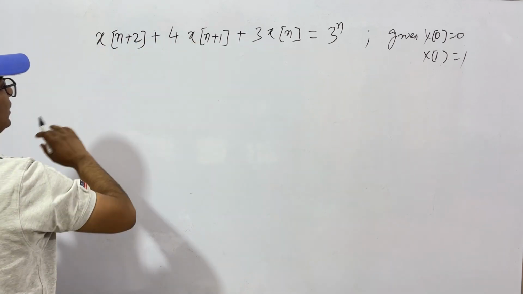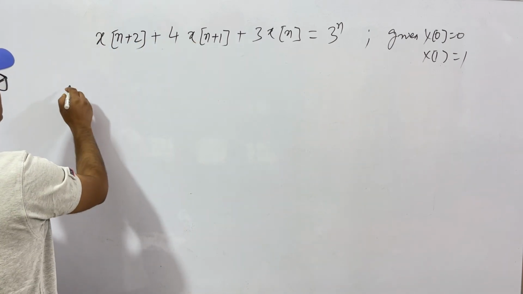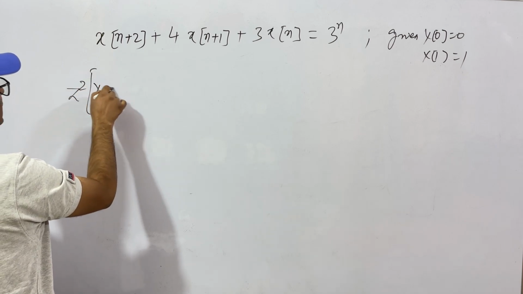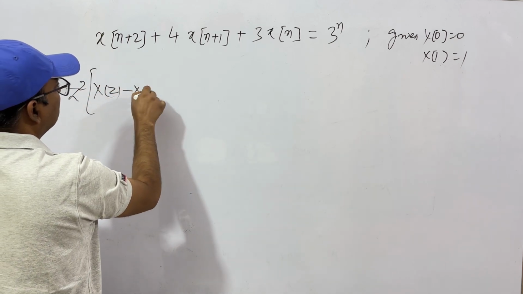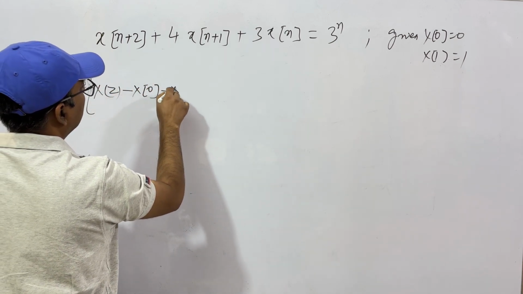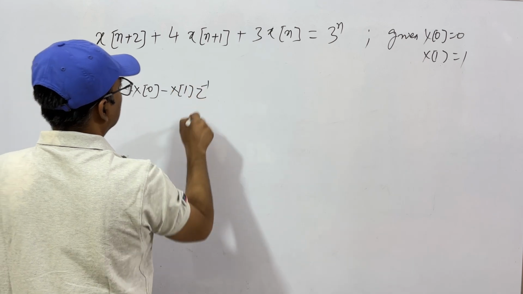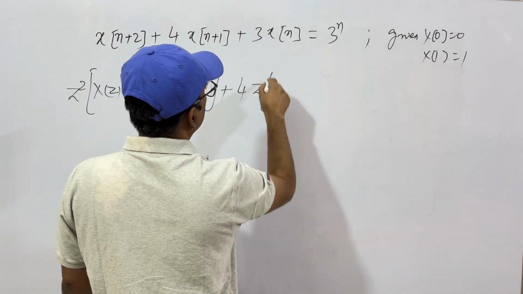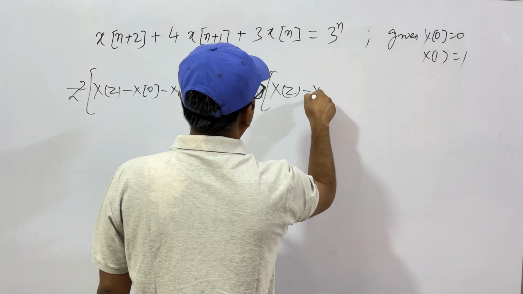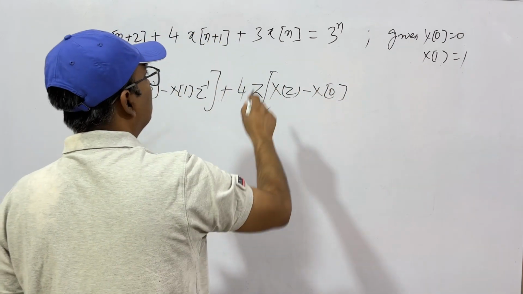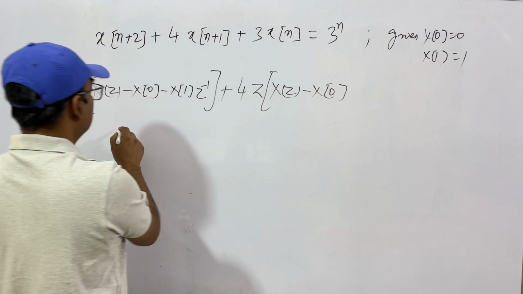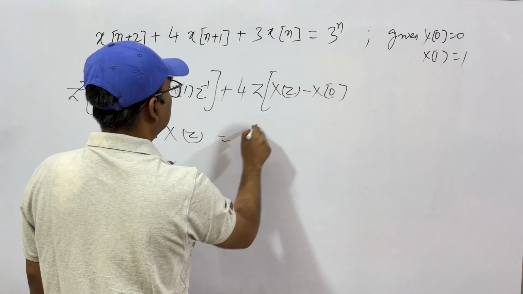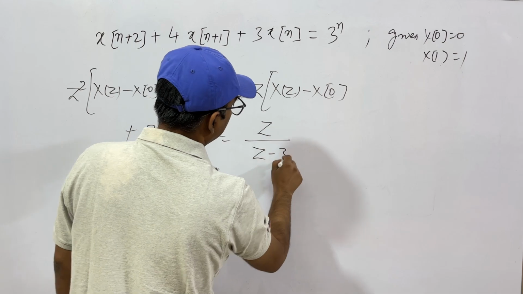Taking z transform on both sides, this will be z square X(z) minus x(0) z square minus x(1) z, plus 4 times z X(z) minus x(0) z, plus 3 X(z), equal to z by z minus 3.